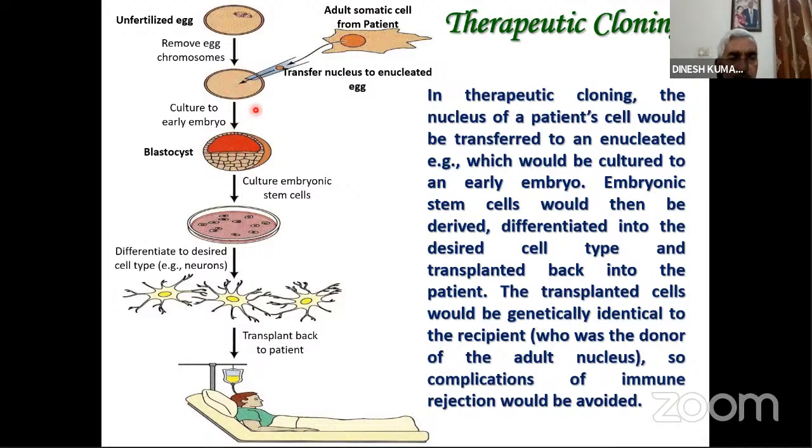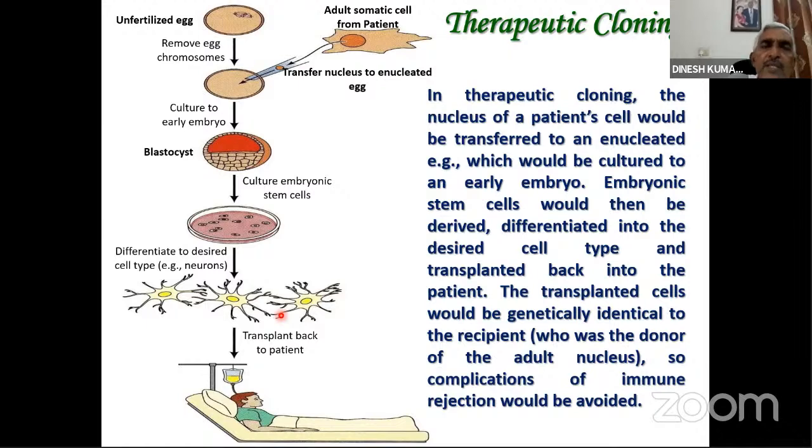This is cultured into an early embryo. Now embryonic cells are cultured in the petri dish, and with the addition of certain growth factors, they differentiate into nerve cells. Now these nerve cells can be used to transplant into whatever damaged area. So this stem cell technology is also used as therapeutic cloning.